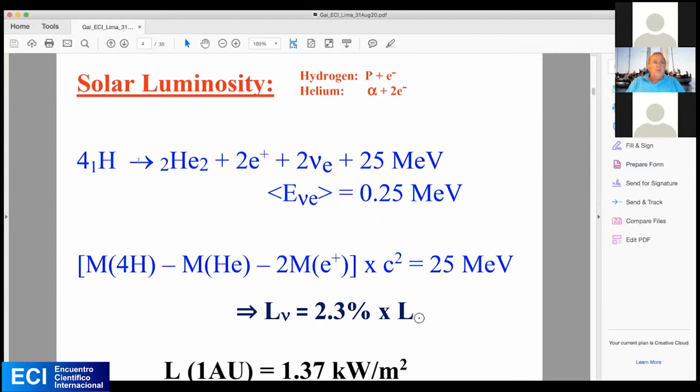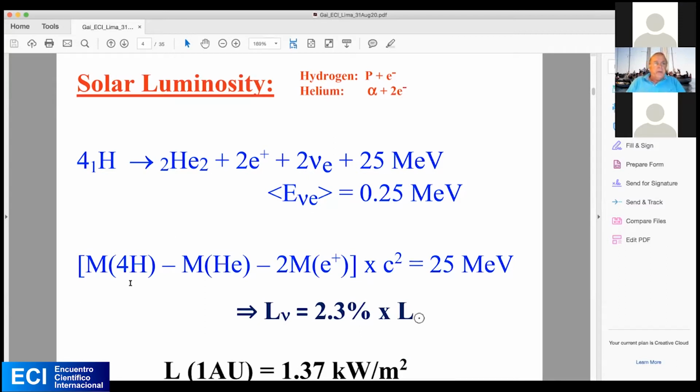Now we must conserve charge. So here charge 4 plus, 2 plus, we must emit 2 positive charges, two positrons. Well, since we created a positron, we now have to conserve lepton number, so we must emit neutrinos. The sun is inescapable. The sun, if it follows the laws of physics, must emit neutrinos. The sun conserves energy.